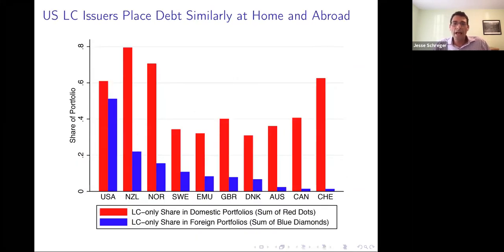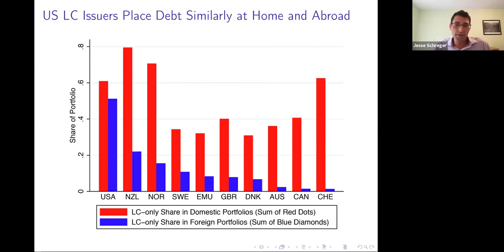Now, the way you can see that in a single graph is basically to add up those red dots to say how much of the domestic portfolio do firms that borrow only in the local currency account for, and compare that to the sum of the blue diamonds. How much of the foreign portfolio do those same firms account for?